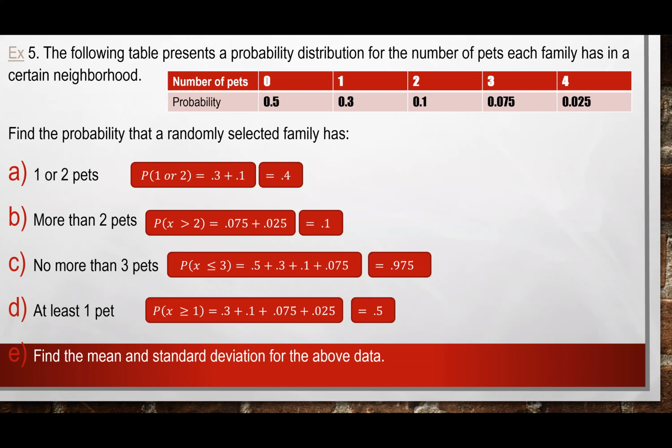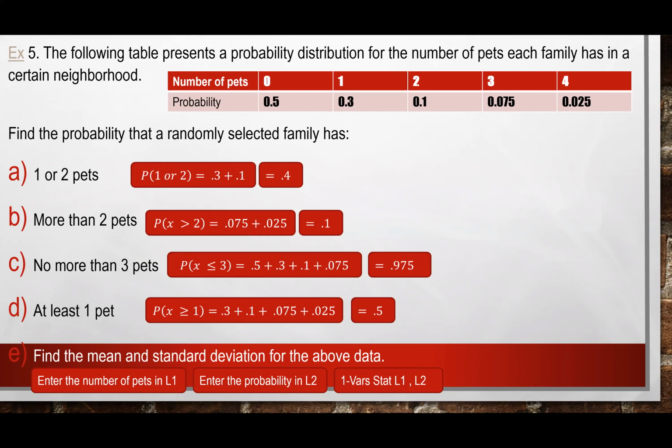We don't have to find the x squared times the probability and then subtract the mean squared, right? We don't have to do those by hand. Your calculator can help you. You need to enter your data, the number of pets, in L1, enter your probability in L2, and then choose 1-Var Stats L1, L2.